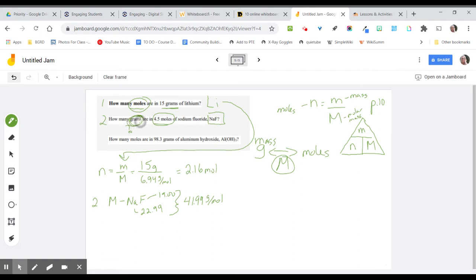Now we're looking for grams, which is mass. So let's go over to our triangle. Here's mass. Mass is on top, so we're going to cover it up. It's going to be moles times molar mass. So mass is equal to moles times molar mass.